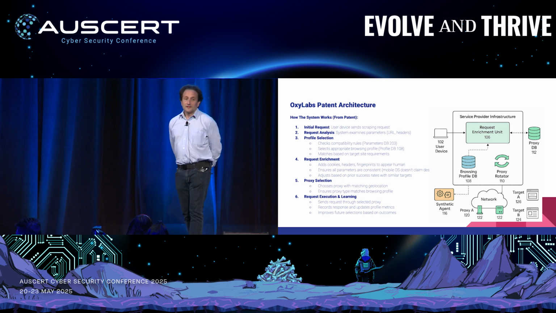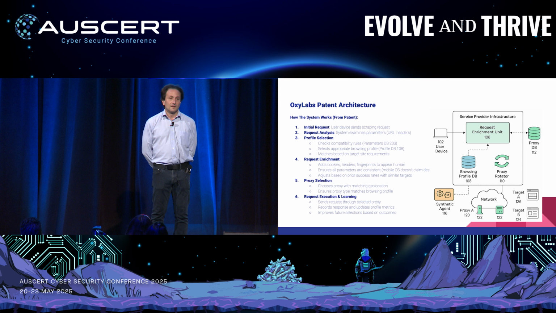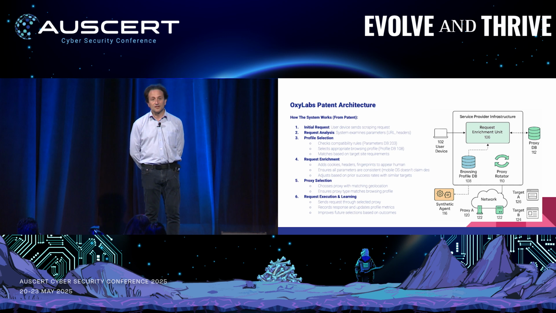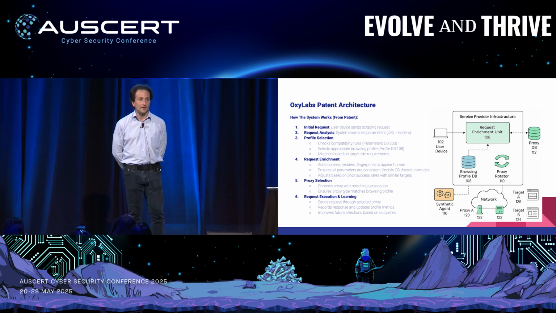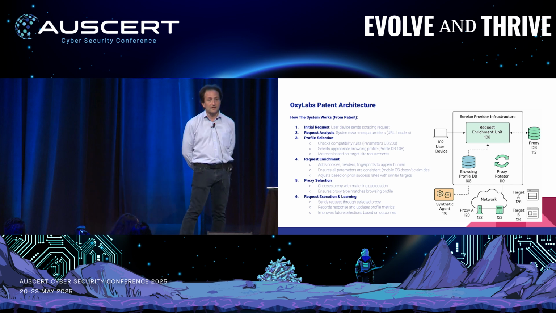There's been a large commercial interest, with many companies forming residential proxy networks. And there are even patents. One such patent is publicly available, published in 2023 by Oxy Labs. And frankly, it's quite scary to understand the sophistication and the research and development that's gone behind these. The patent quite clearly outlines how it works.